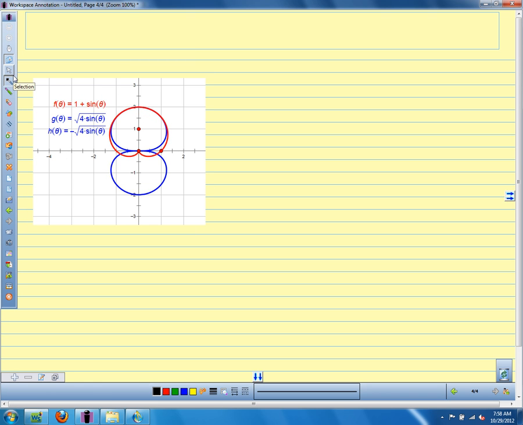What we're talking about is r equals 1 plus sine theta. That's the red graph, the cardioid there. And in the blue, I had to graph it in 2 pieces. That's r squared equals 4 sine theta. The example that I talked about using implicit differentiation, that is the blue curve.